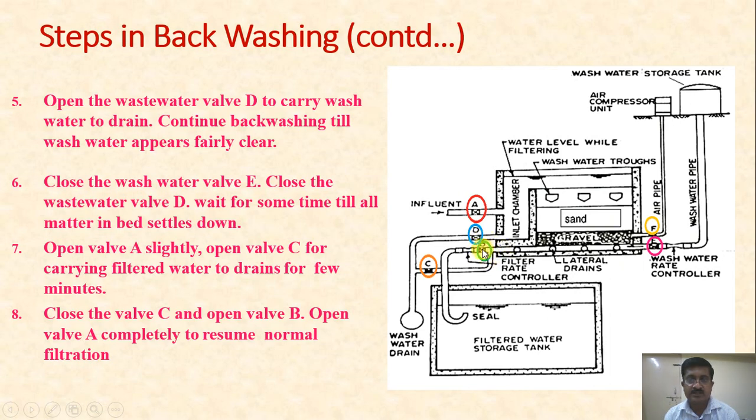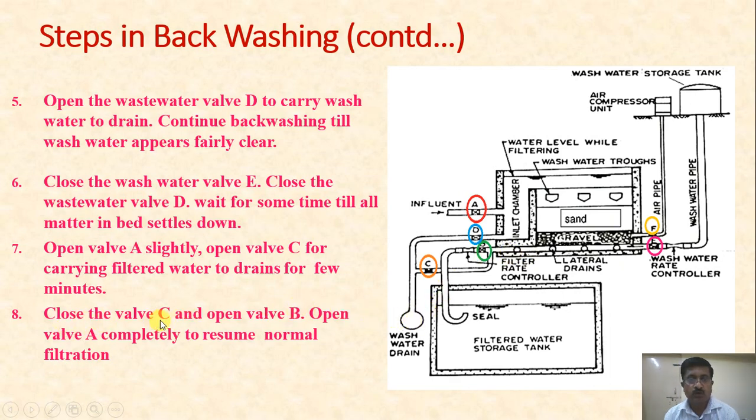It takes the filtered water to the filtered water storage tank. But at present we are not doing that. What we are doing is, initially for some time we are going to keep valve C open. So this filtered water will initially be taken to the wash water drain, so that if any muddy water or any dirt is present, it will be taken to the wash water drain. Okay, then what is next?